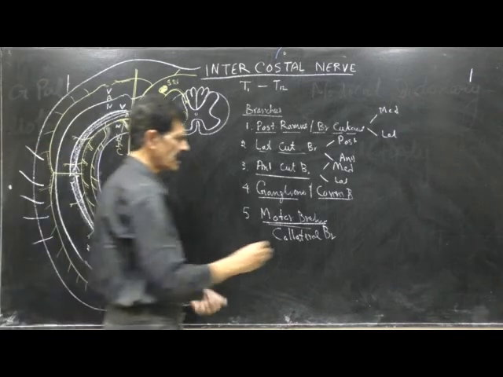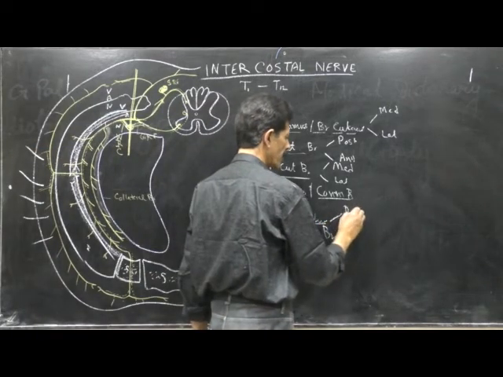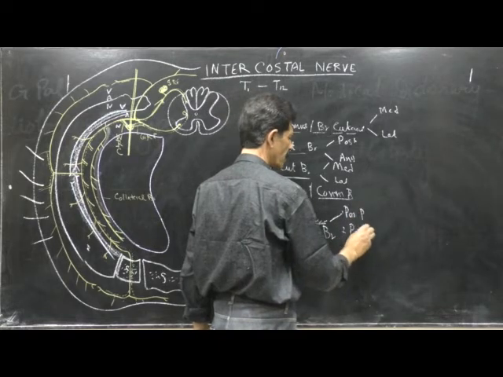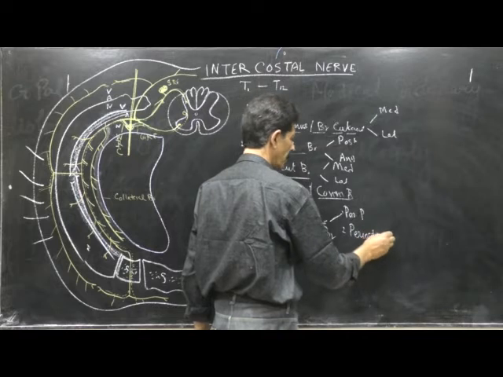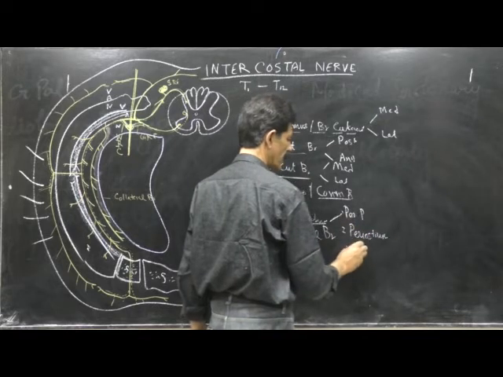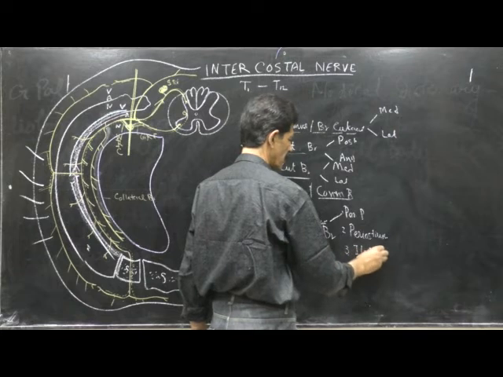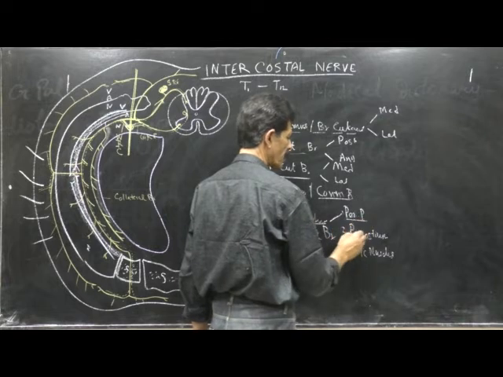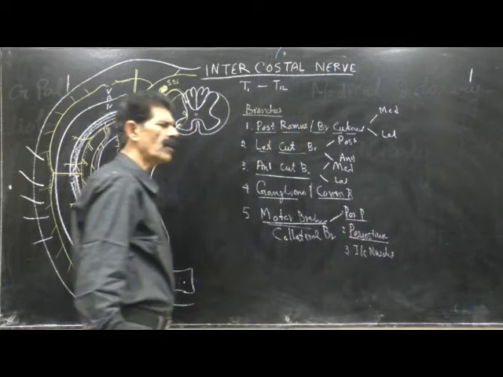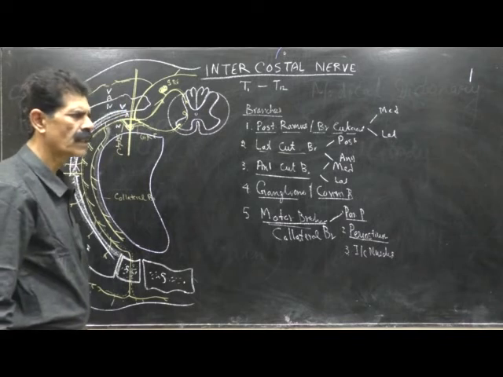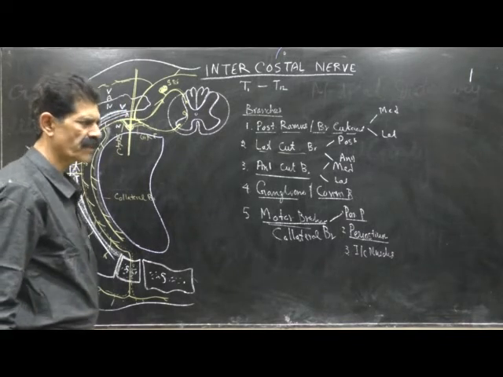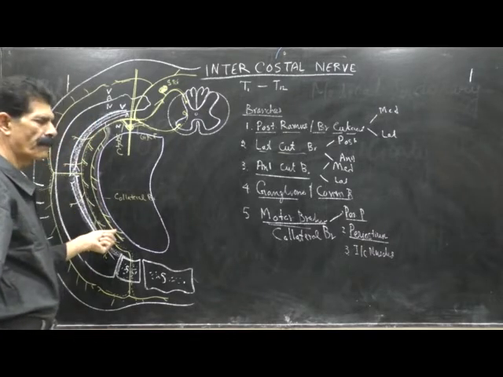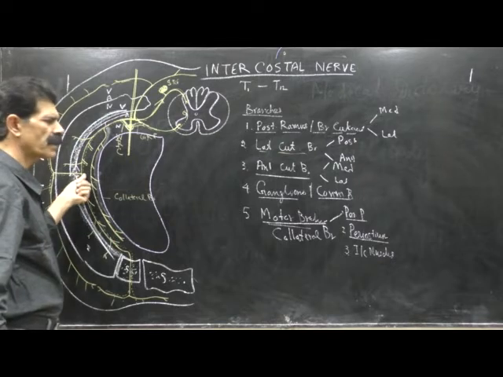So the motor branches supply the parietal pleura, the periosteum of the rib, and the intercostal muscle. The branches which supply the periosteum and the parietal pleura do not have sensory fibers. They only have motor fibers with them. The sensory fibers are with the main branch.